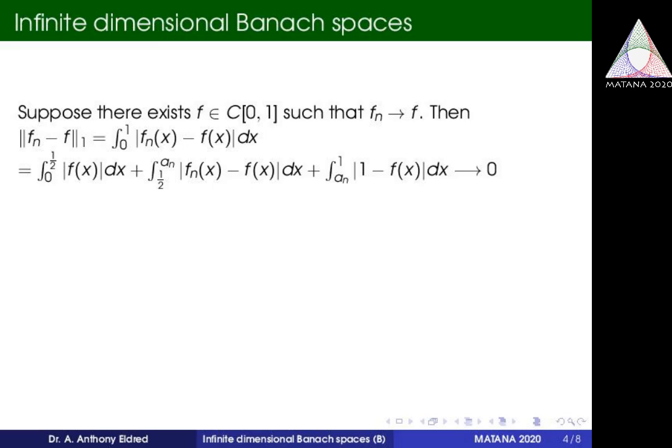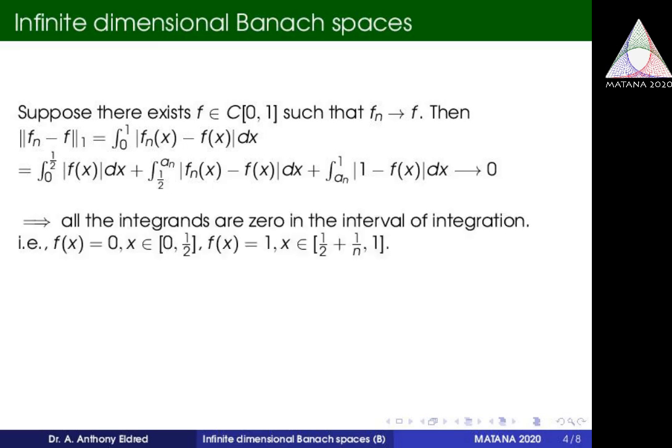So we have f of x equal to 0 in the interval 0 to half, and for the third term, we have f of x equal to 1 in the interval x belonging to 1 by 2 plus 1 by n, comma 1. We need not worry about the interval half to 1 by 2 plus 1 by n, because we are worried only about f of x. So if fn converges to f, and f is a continuous function, then f of x equals 0 in the interval 0 to 1 by 2, and f of x equals 1 in the interval 1 by 2 plus 1 by n, comma 1.